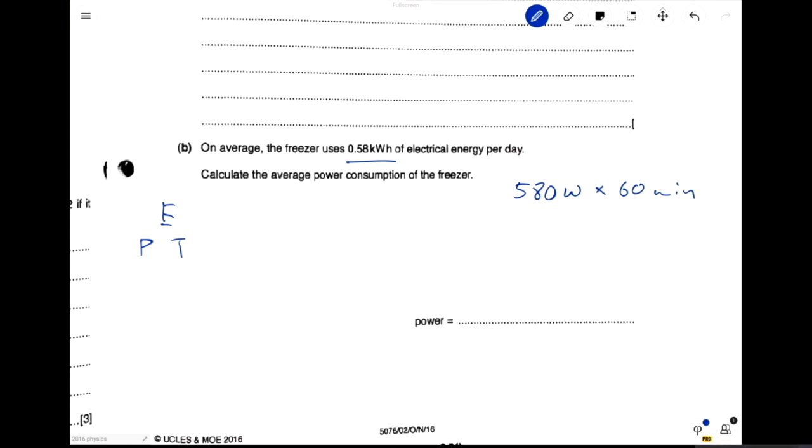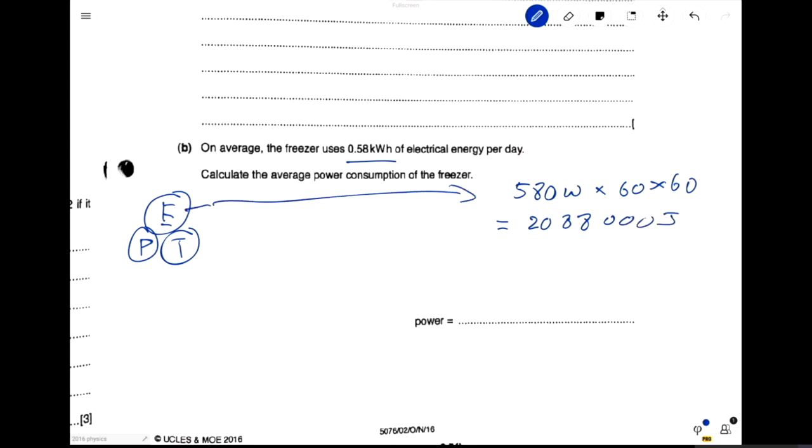To find P, we need to take E divided by T. So this number must be times 60. This is actually equal to 2088000 joules. So the E is this one.